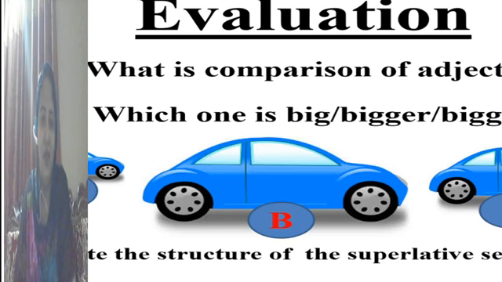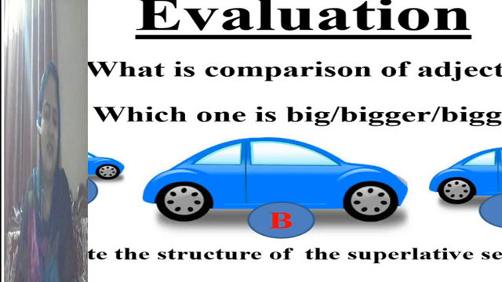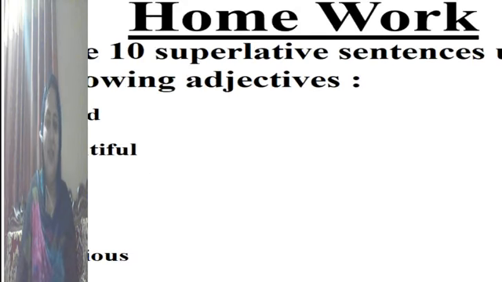So the subject is I, the verb is am, then the sign of superlative degree the, I am the, and the superlative degree best, I am the best, then the extension person in this class, man in this class, girl in this class, etc. So it's very easy. I think you can understand it clearly.